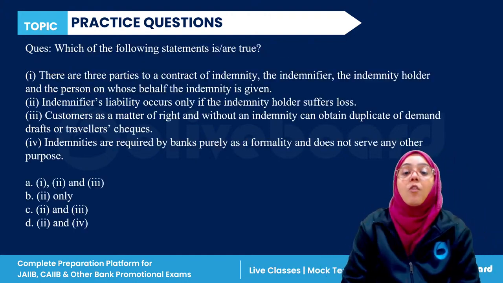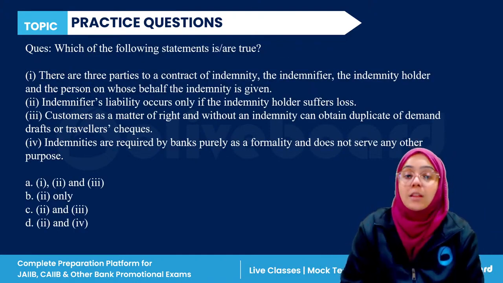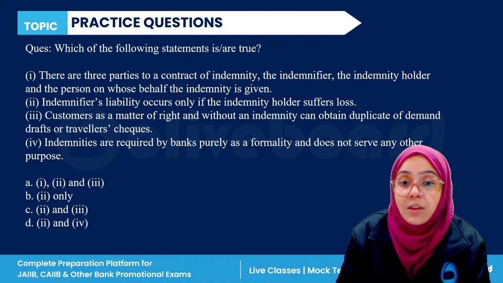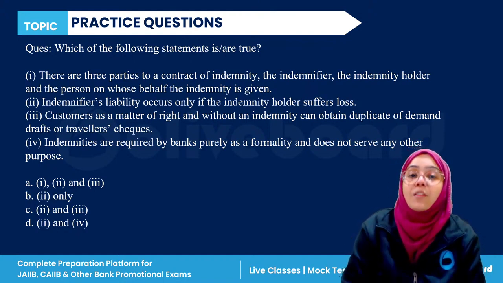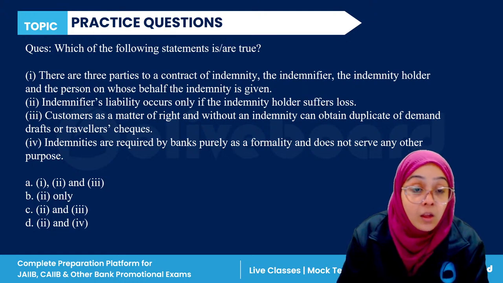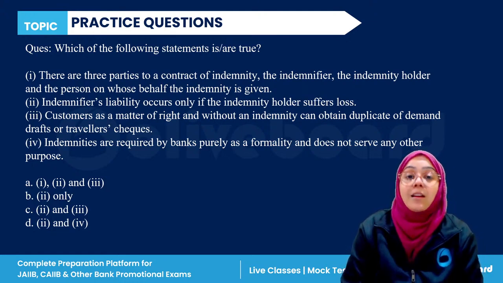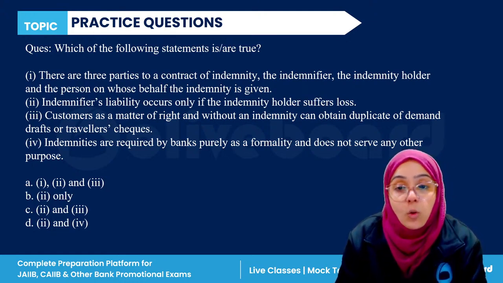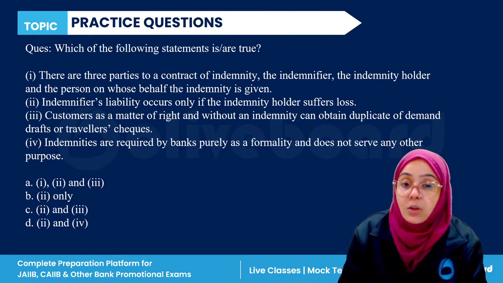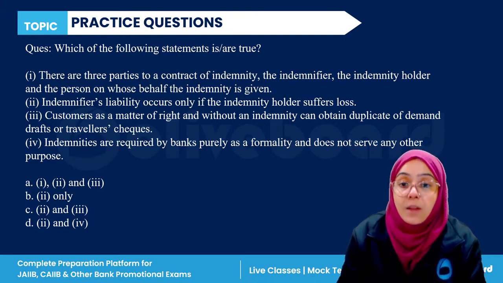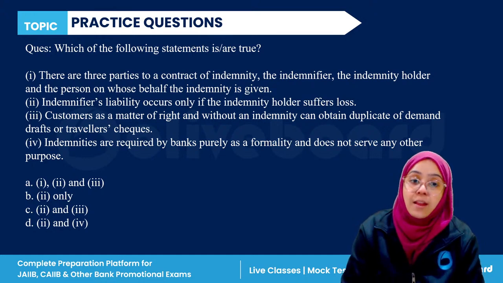Next question. Which of the following statements are true? There are three parties to the contract of indemnity: indemnifier, indemnified, and the person on whose behalf the indemnity is given. Indemnifier's liability occurs only if the indemnified holder suffers loss. A customer, as a matter of right and without an indemnity, can obtain a duplicate of a demand draft or check.